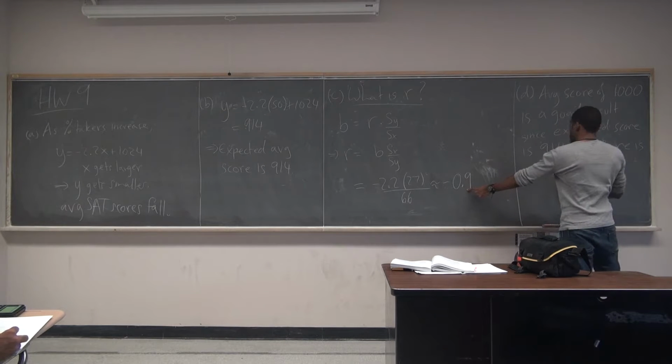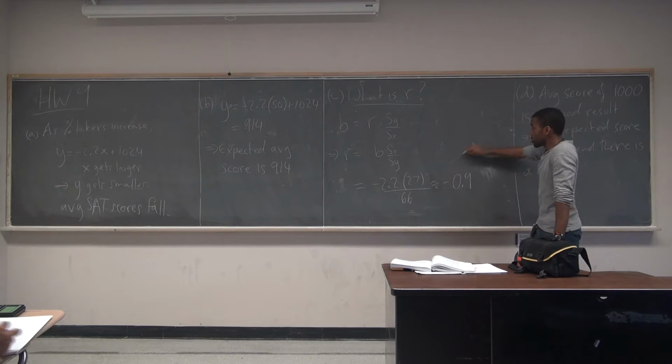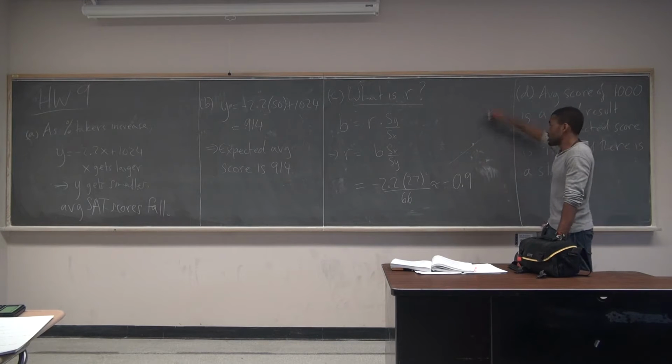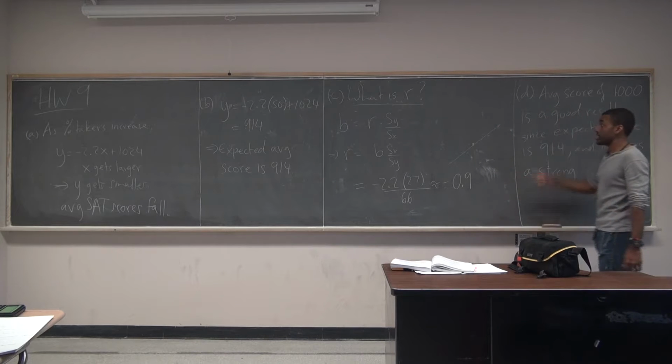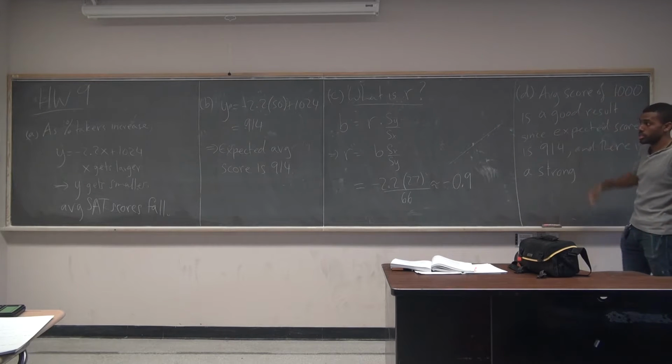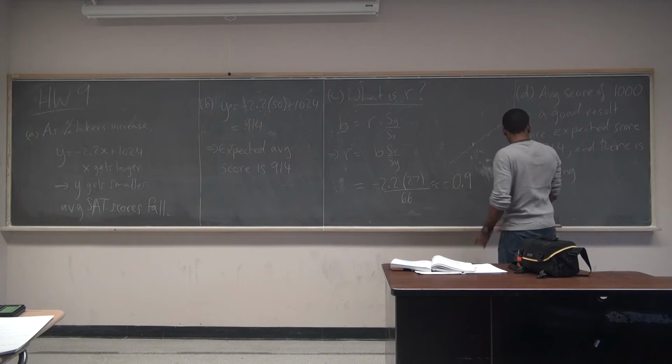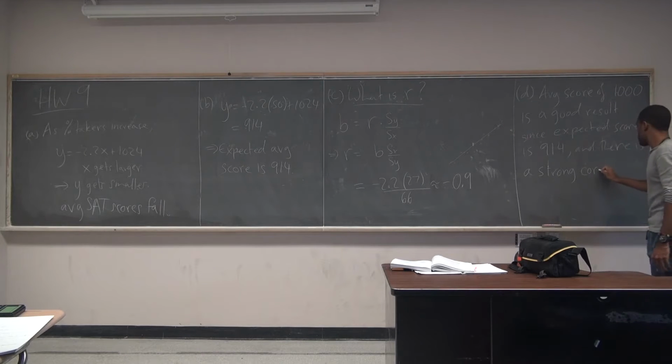It's like 0.9, that's close to 1, which means your regression line fits the points very closely. So for something to deviate from that, and to deviate in the positive way, it's actually a good score. So that would be enough, strong correlation.